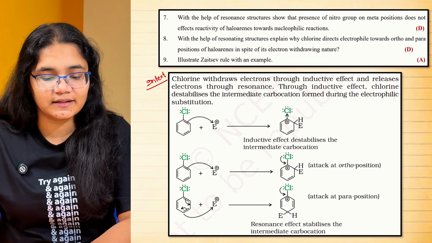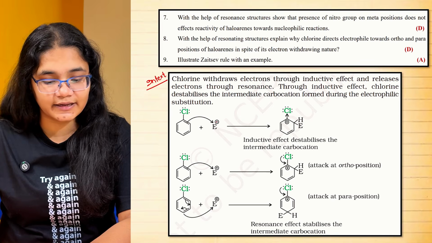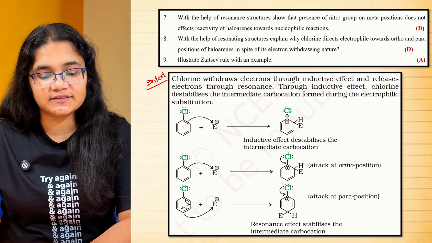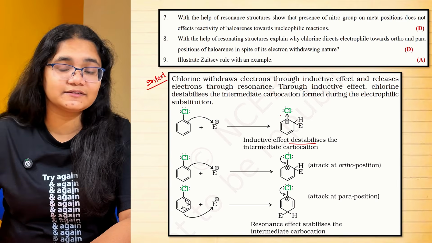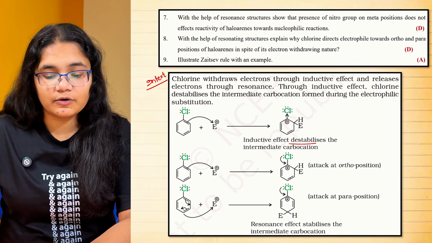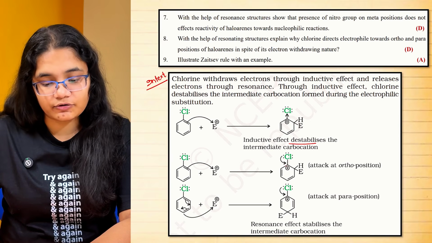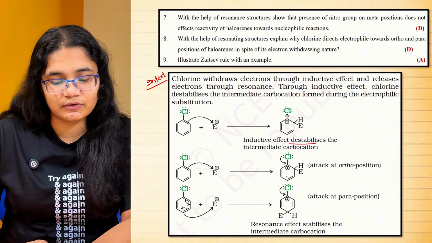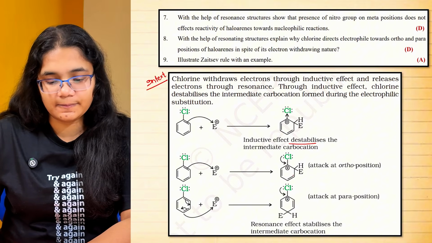So you can see that when the ring attacks the electrophile, there is a positive charge formed here, and this positive charge is highly unstabilized because chlorine has minus I effect. Okay, then chlorine, what does it do? It donates the electron and makes the ring a bit stable. Okay, so that is what you have to draw and show here.